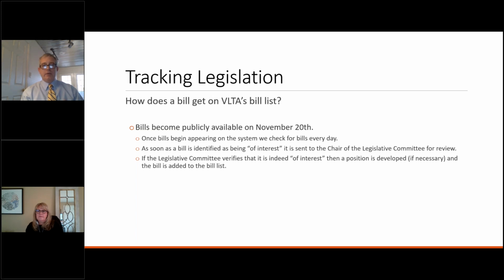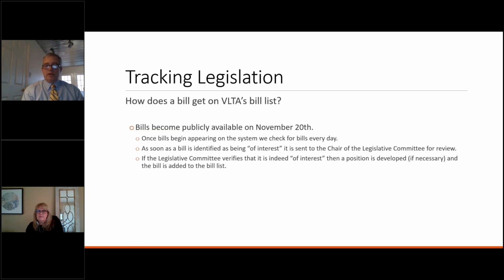So there's going to be a lot of bills that are going to drop fairly soon, and the VLTA Legislative Committee is probably going to be pretty busy in review. Once bills begin appearing, I check the bill list every day, and I will identify the bills that I think are of interest to VLTA, and I try to cast a pretty wide net on that.